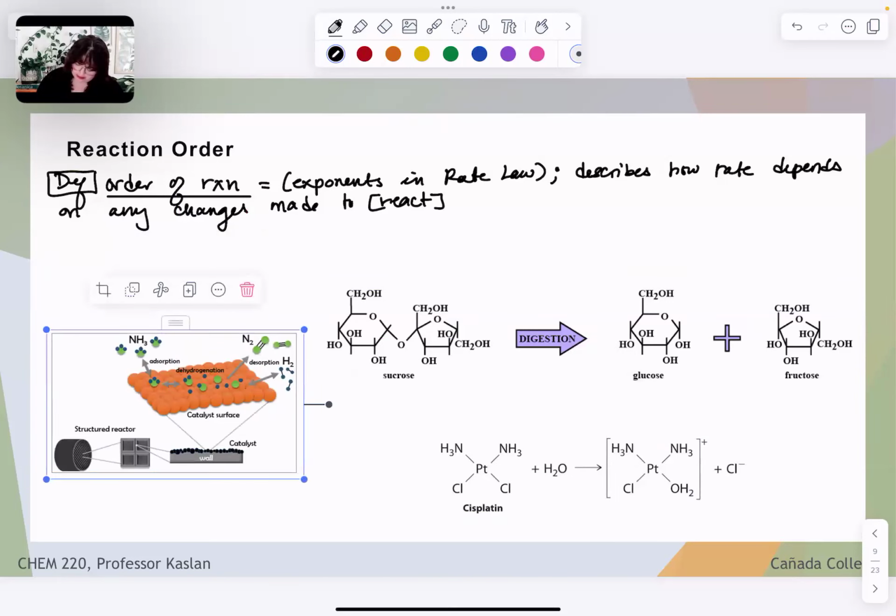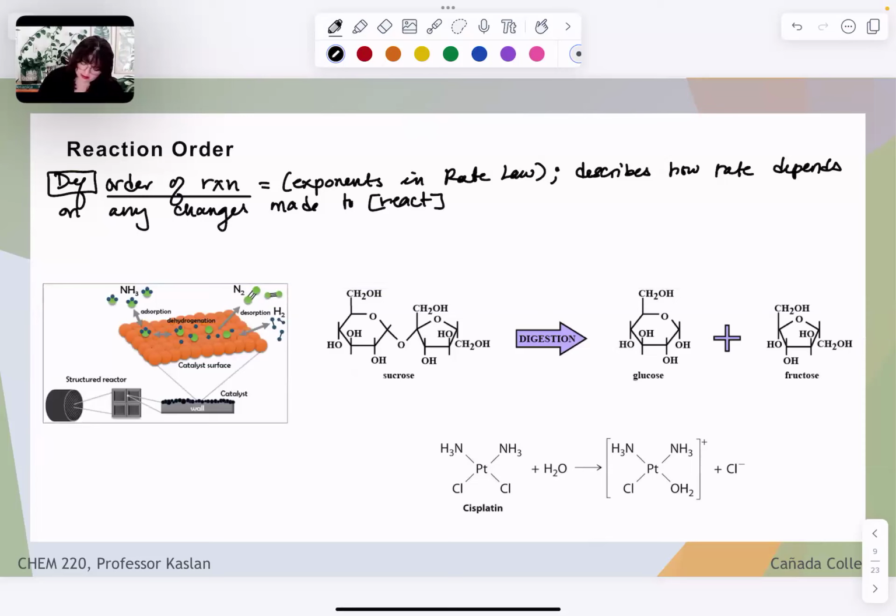So let's look at this first one here. This is the reaction of NH3 going to nitrogen gas and hydrogen gas.